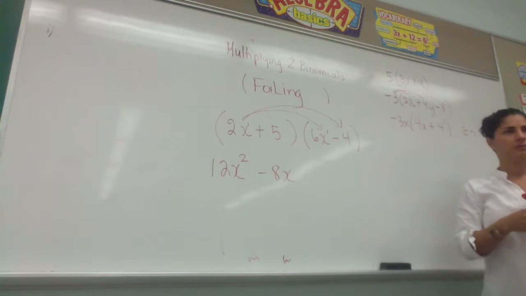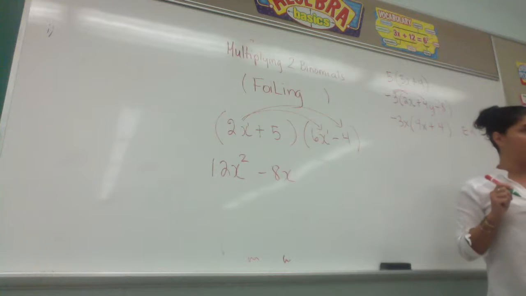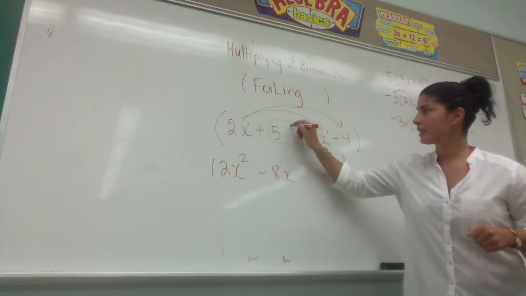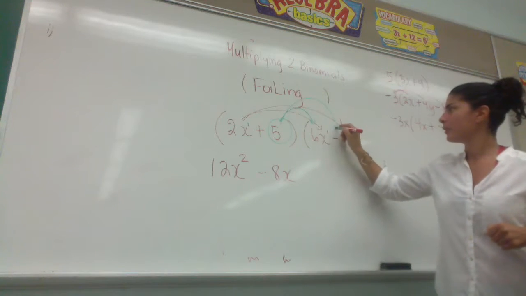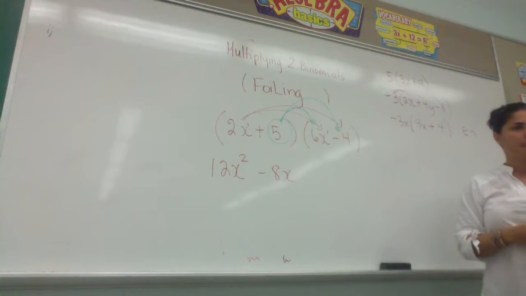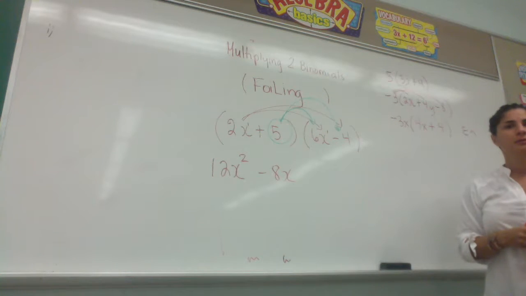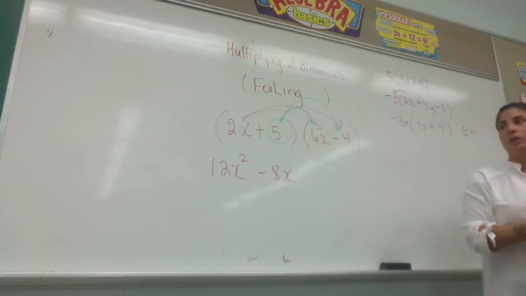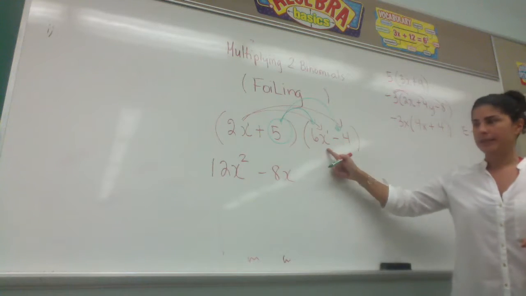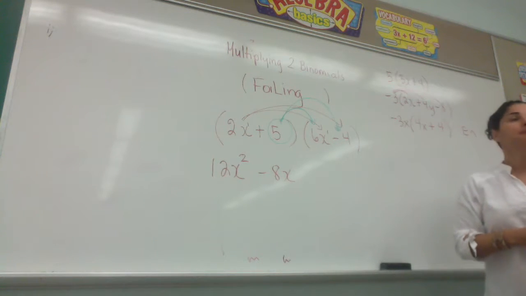We're going to do the same thing with the 5. We're going to take this 5, multiply it with the 6x, and multiply it with the -4. Now you could use two colors as well. What's 5 times 6x? 30x.